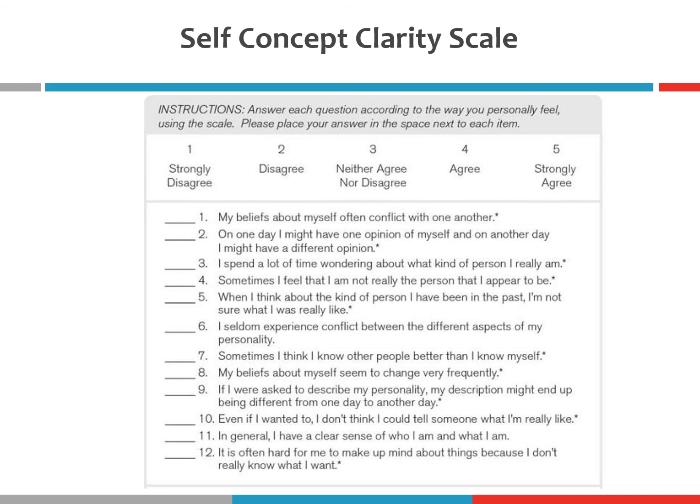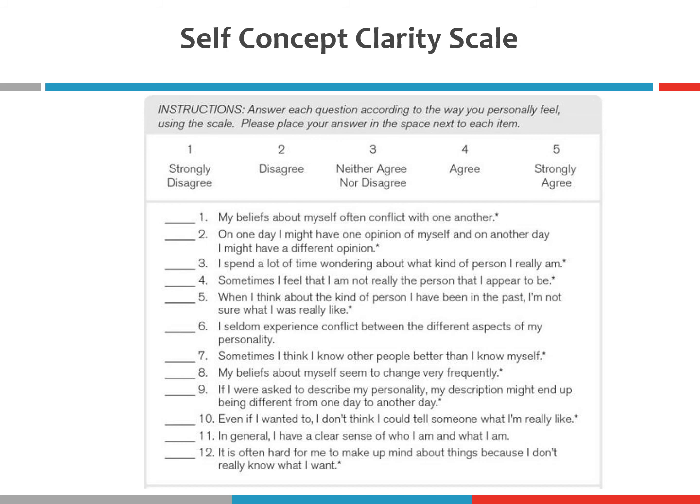So for this particular scale, your set of responses are measured from 1 to 5, and they index the degree to which you agree with a particular statement, right? So for example, my beliefs about myself often conflict with one another, right? So whether or not you think that is true of yourself, you would choose the number that most appropriately describes you. So if you strongly disagree with that statement, you would put a 1. If you strongly agree with that statement, you would put a 5, right?